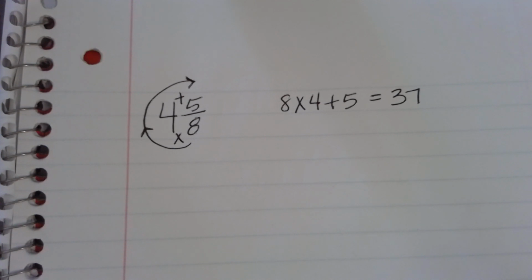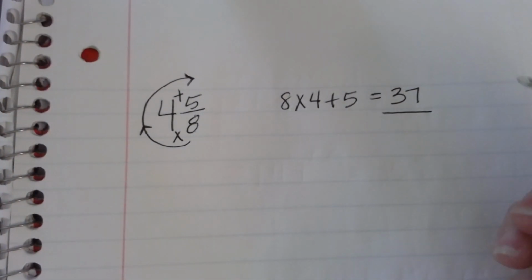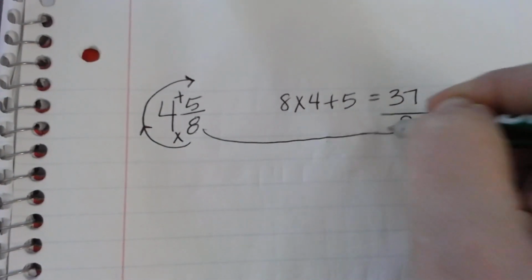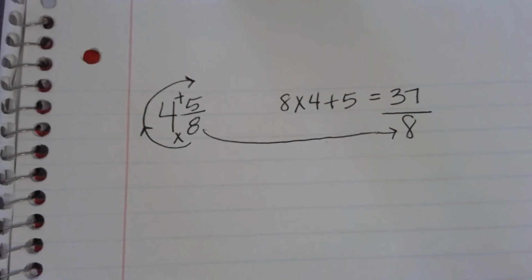Part over whole. Now, I'm going to put that over 8 right here. My denominator does not change. That will remain the number I need to make a whole no matter what. Capiche?